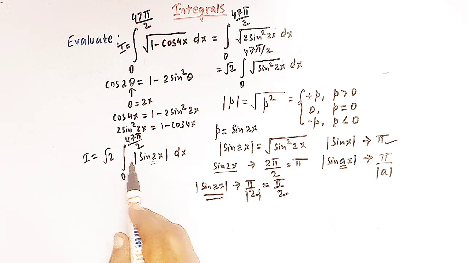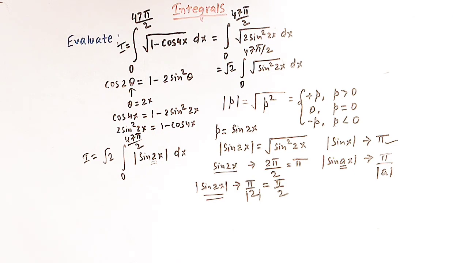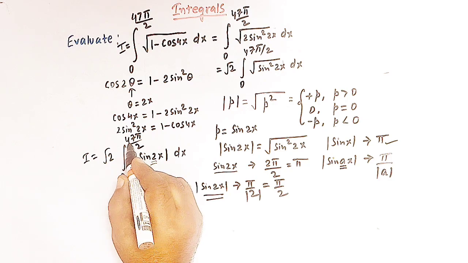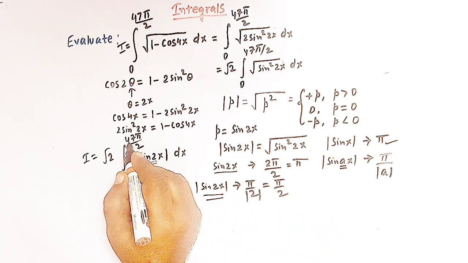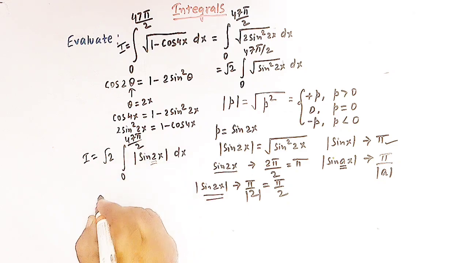So here we conclude that the period of mod sine 2x is pi over 2. And now in this integral, we can see that the upper limit is a multiple of this period pi over 2, because the upper limit is 47 pi over 2.